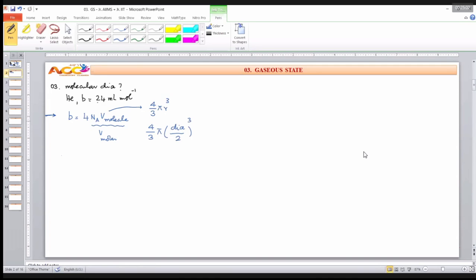Yes, sir, given to you. b equals 4 Na into 4 by 3 pi (diameter by 2) cube. Come on. Using that, go to diameter. If we are having ml here, that means it is in cc, centimeter cube. Therefore, diameter will be answered in terms of centimeter. Go ahead.